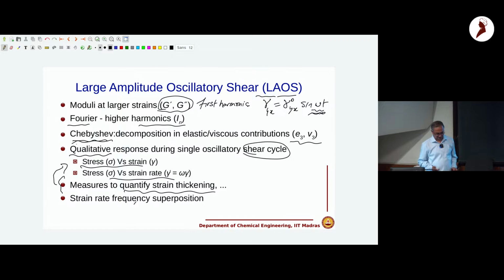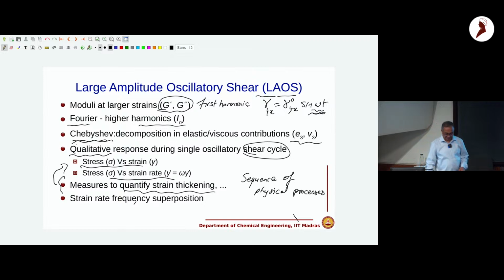And in the last 10, 12 years, there has also been another method which argues that, similar to when we look at the Lissajous plot as a whole, you take a look at the whole cycle.